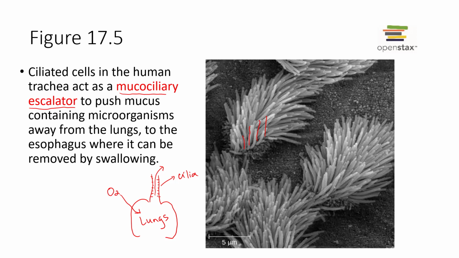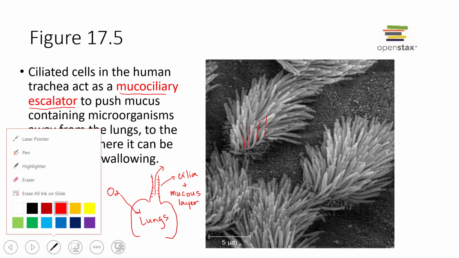And you want to make sure the immune system is trying to propel everything out. So they refer to it as a mucociliary escalator. It's not just the cilia lining our respiratory cells, but also there's a mucus layer. That mucus layer is going to trap microorganisms and push them into the esophagus, because where we have the trachea leading to the lungs, there's a parallel tube that you may be aware of.